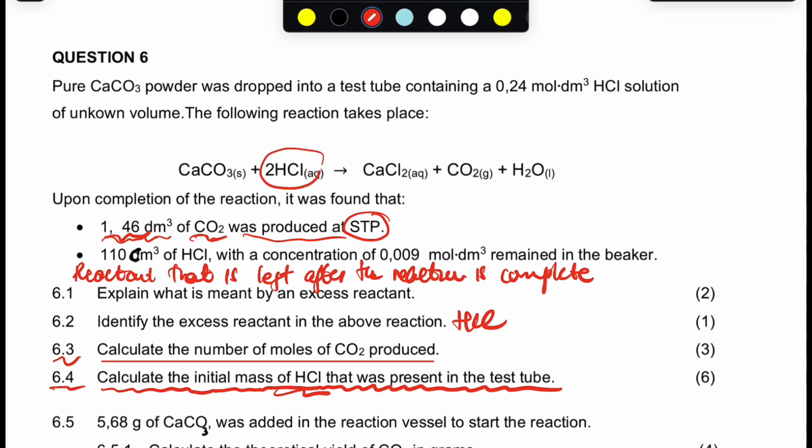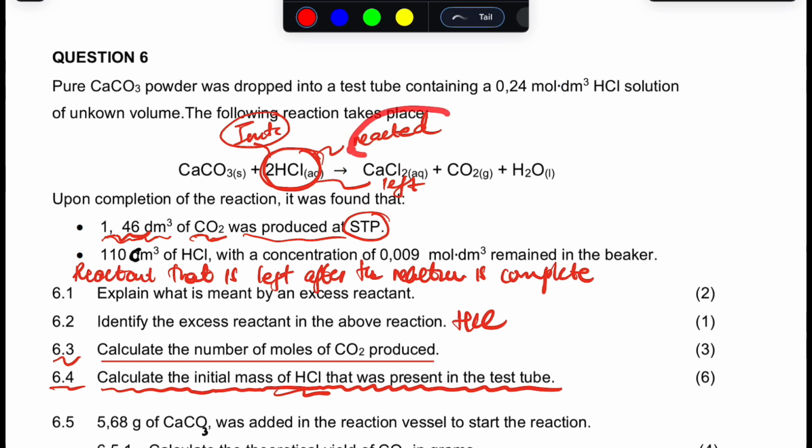Since it's an excess, there will be a number of moles reacted, and then there will be a number of moles that will be left. From this initial, there will be a number of moles that is going to react, and after the number of moles that is reacting, there will be something that is left. So they want to know what it was initially, the number of moles initially.